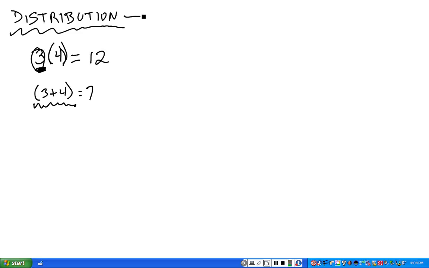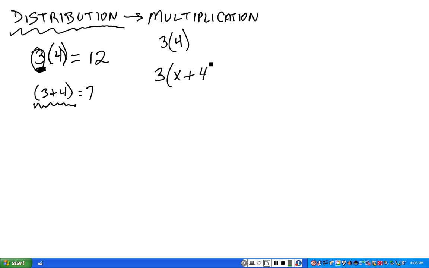So we want you to understand that distribution is simply a form of multiplication. Instead of 3 times 4, a distributive property problem may look more like 3 times (x plus 4).